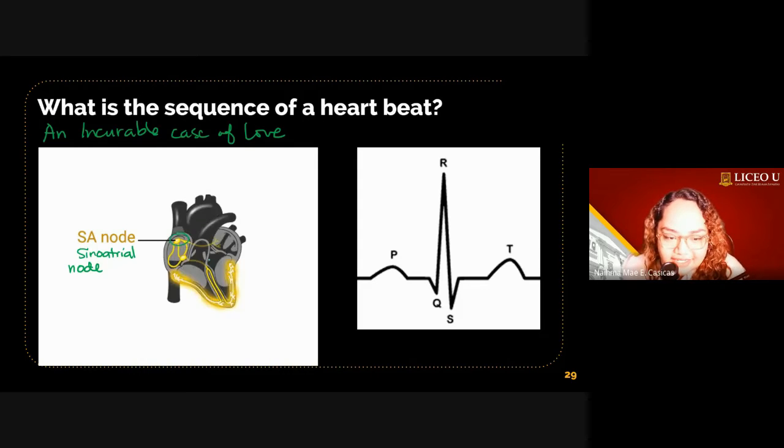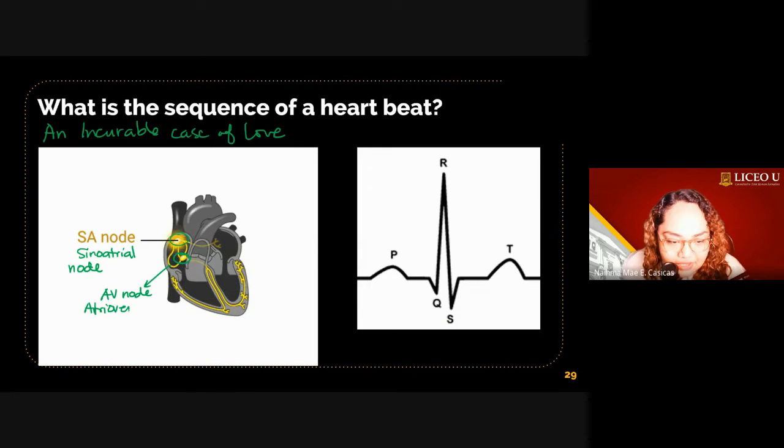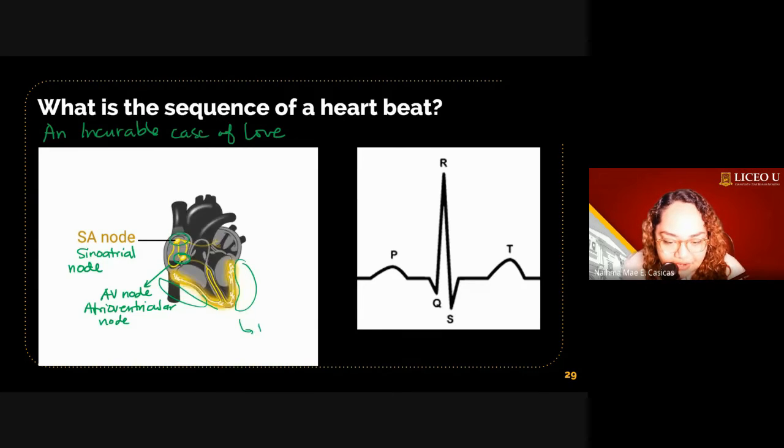And then here would be your AV node, or atrioventricular node. And then these fibers here are your bundle, the bundle of His.